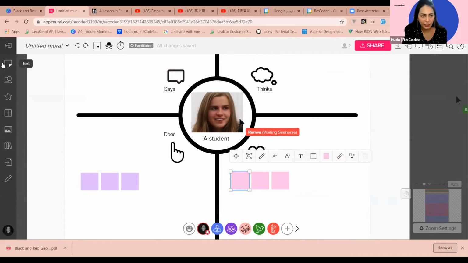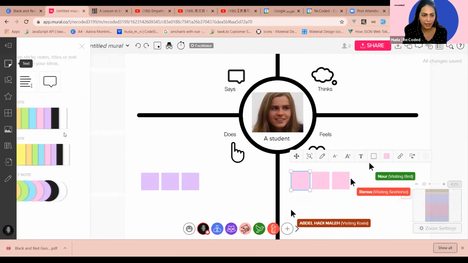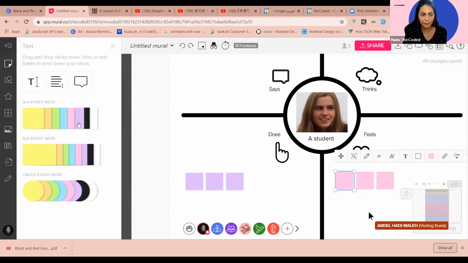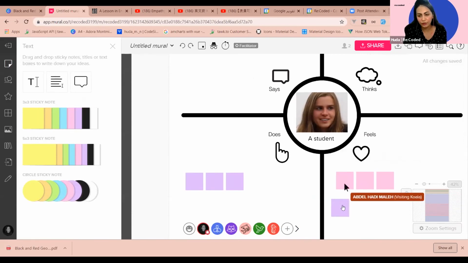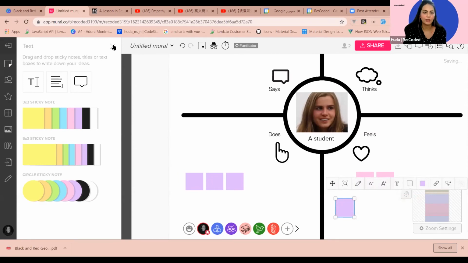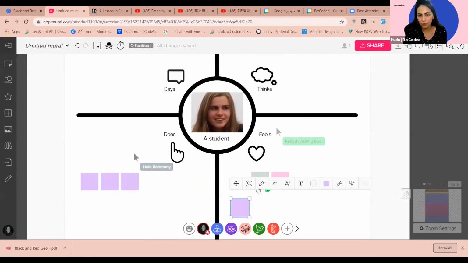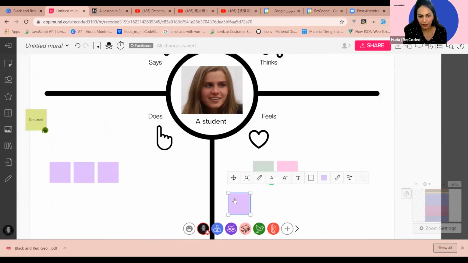You can go here on the left, pick a sticky note, and write your answer on it. So I would love to see you all writing something here. For example, I will say tired. Okay, cool.